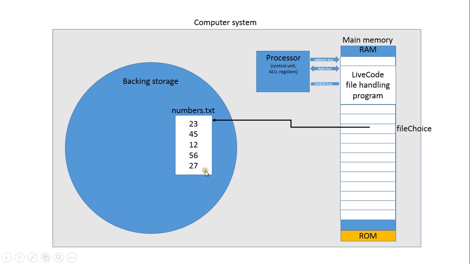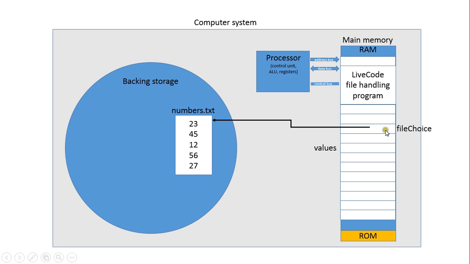Most languages provide some code to let you make that link. The next thing that I need to do is provide a variable that's going to hold the data when it comes in. Now you can do this in various ways in LiveCode. I'm going to just use one particular method just now.